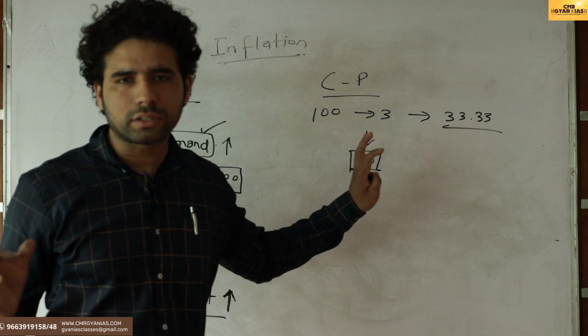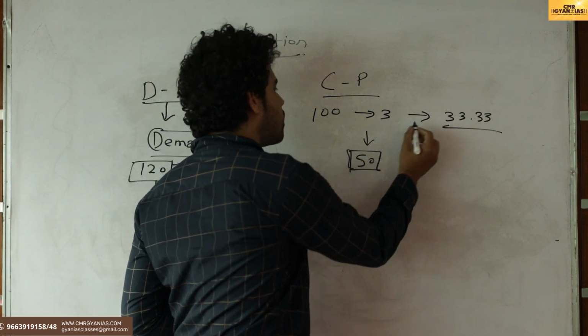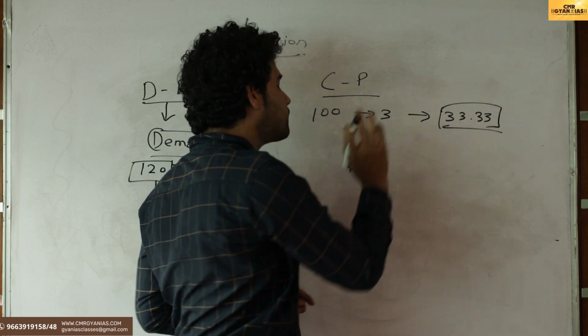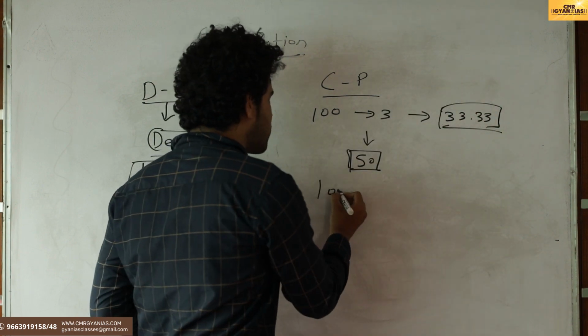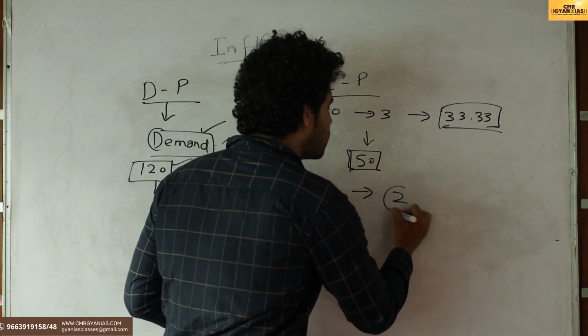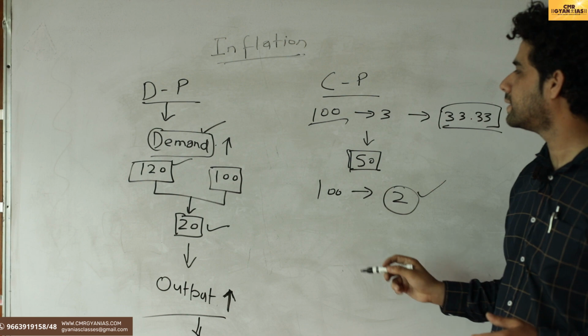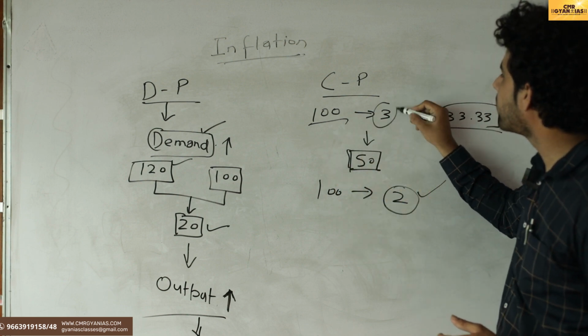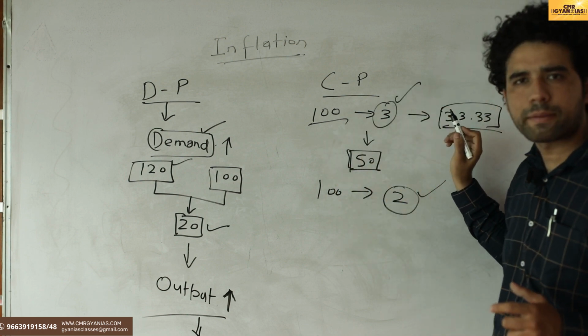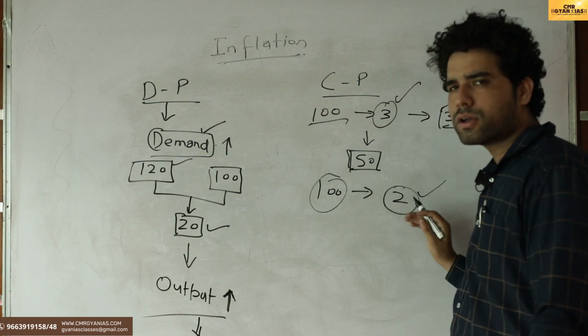This is simply a hypothetical scenario. Earlier it was 33 point something, now it is 50 rupees. So by using 100 rupees, you can only buy 2 chairs. Earlier with this amount of money you could buy 3 units of that particular good. Now using the same amount of money you can buy only 2 units.